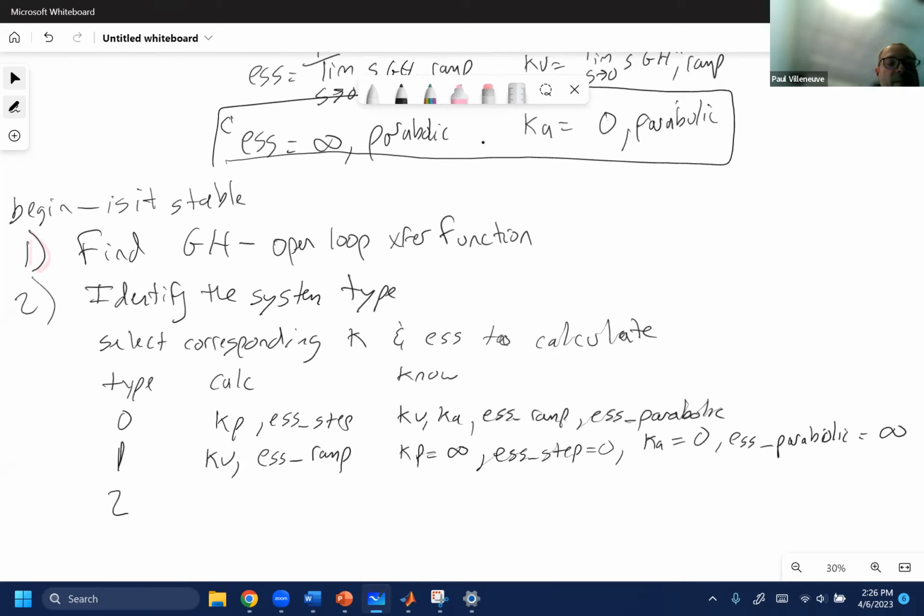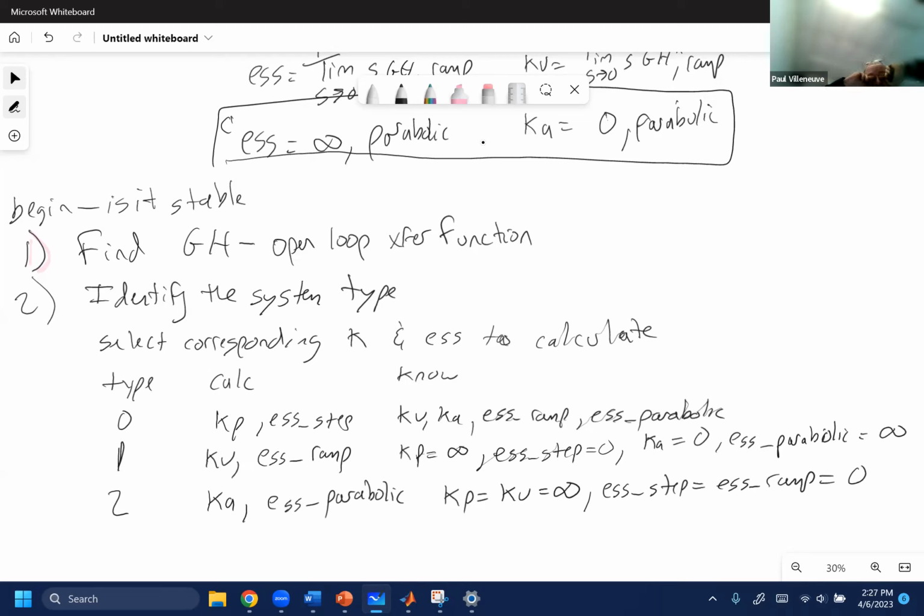The last system type that we're going to worry about means you only have to calculate K sub A and ESS for a parabolic. My K sub P is going to be equal to my K sub V, which is going to be equal to infinity. My ESS for my step is going to be equal to my ESS for my ramp, and that's going to be equal to 0.